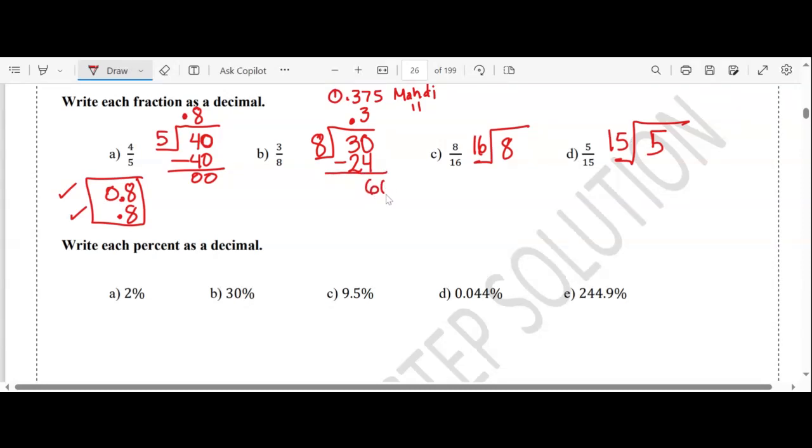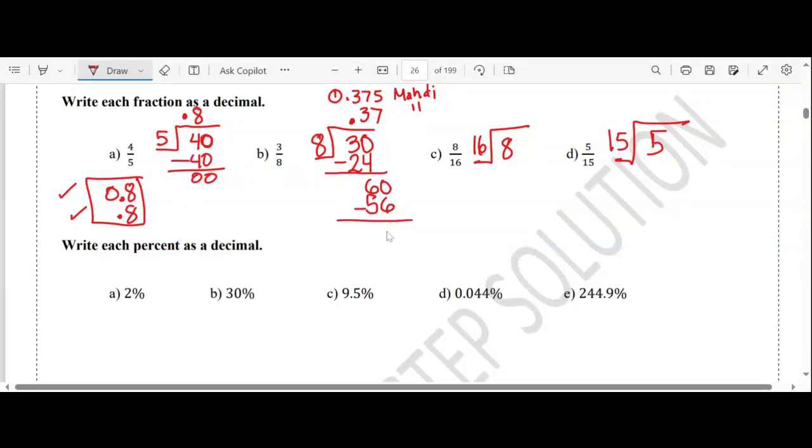Subtract. You get 6. And then you add 0. 8 goes into 60 how many times? 7. 7 times 8? 56.